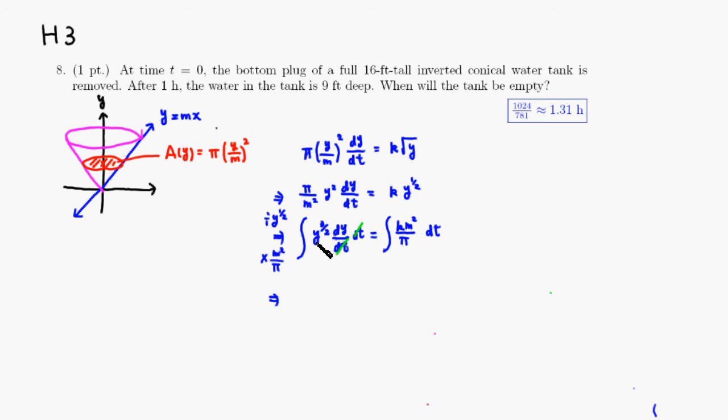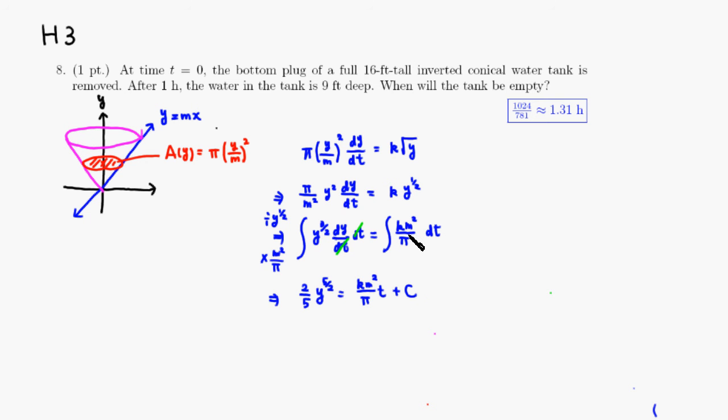The antiderivative of y to the 3/2 power dy with respect to y is: add 1 to 3/2, so it's 5/2, and dividing by 5/2 is the same as multiplying by 2/5. This is just the power rule. And this is equal to k m squared over pi t plus some constant c.